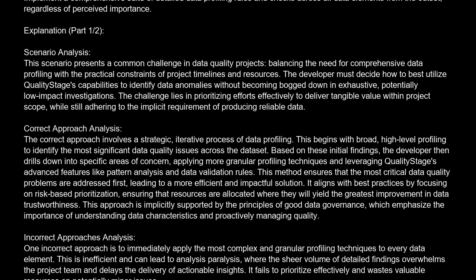One incorrect approach is to immediately apply the most complex and granular profiling techniques to every data element. This is inefficient and can lead to analysis paralysis, where the sheer volume of detailed findings overwhelms the project team and delays the delivery of actionable insights. It fails to prioritize effectively and wastes valuable resources on potentially minor issues. Another incorrect approach is to rely solely on automated profiling without human oversight or domain expertise.